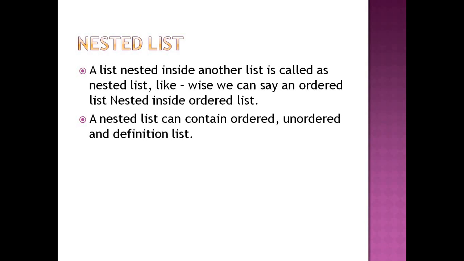Okay, then how many types of lists can be nested? In total, three types of lists can be nested within one another, and it completely forms a nested list. It's not necessary that you nest all three inside one another. You can use all three, or you can use two of the three. Three types of lists are used for forming a nested list.